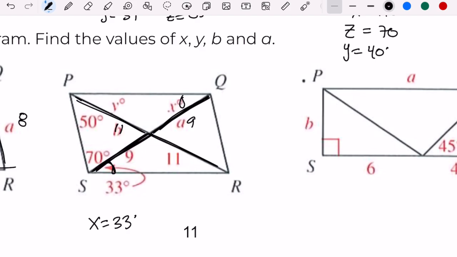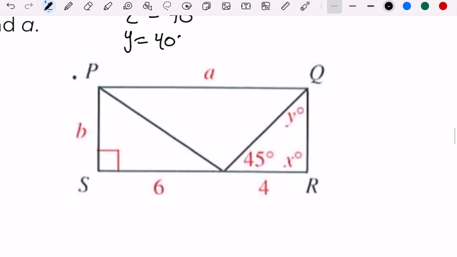Y. So this angle measures, oh my god, 103. And this one measures 50 plus y, and we know that 103 plus 50 plus y is 180. So y equals 180 minus 153. So that is 27. Beautiful.